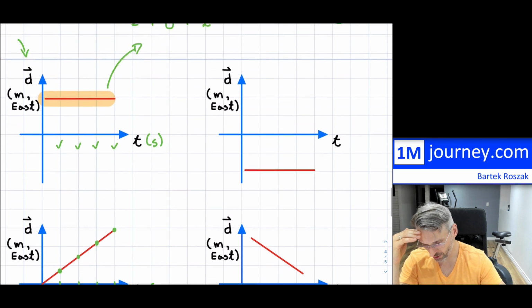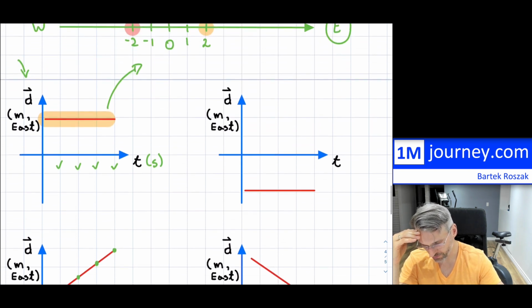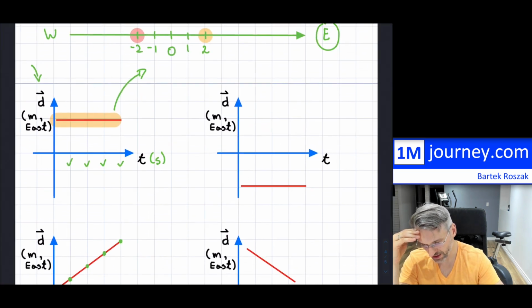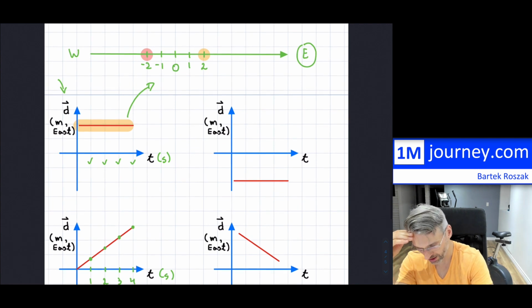So if I go back over here to this particular chart, I'm going to remove these and we can label this. We're going to be moving in this direction. So let's say you started over here.